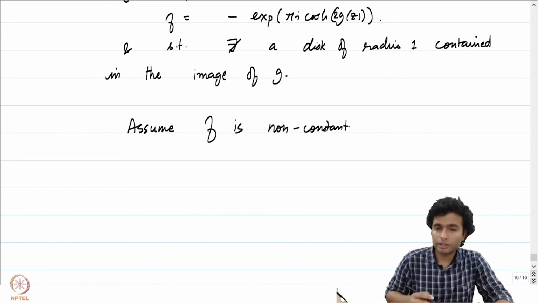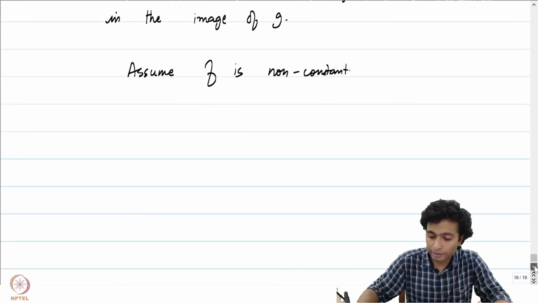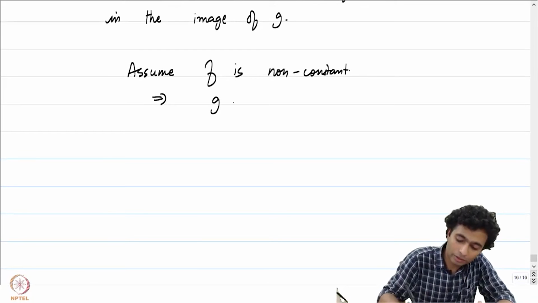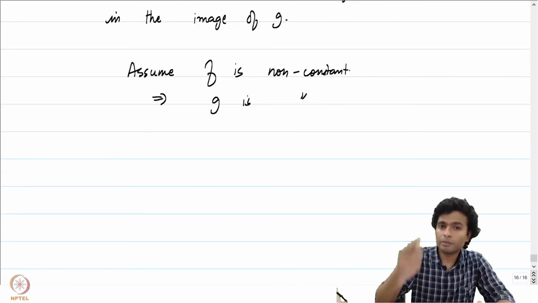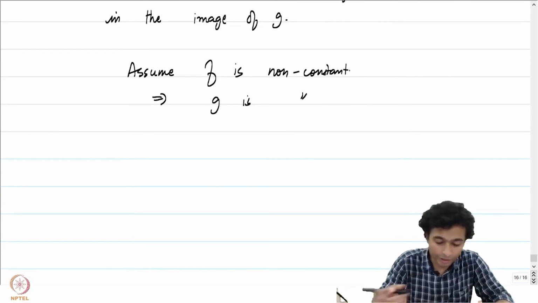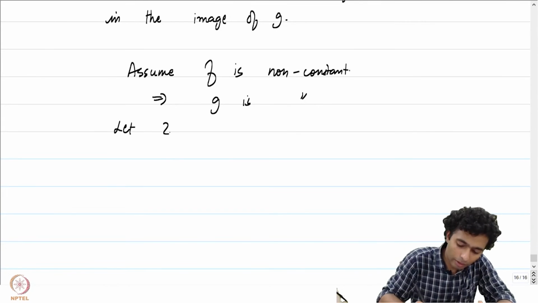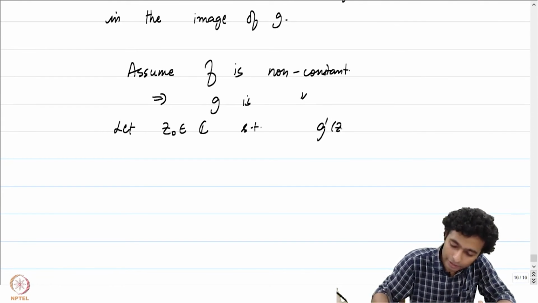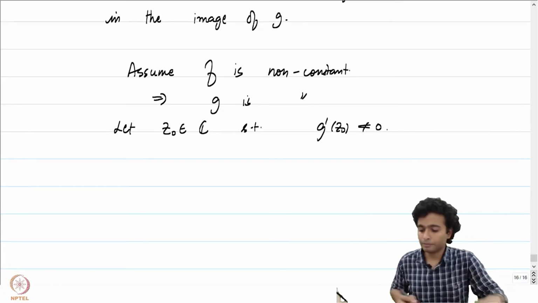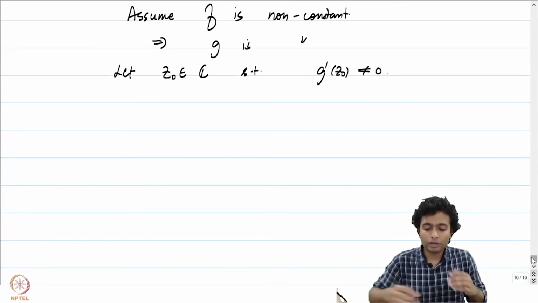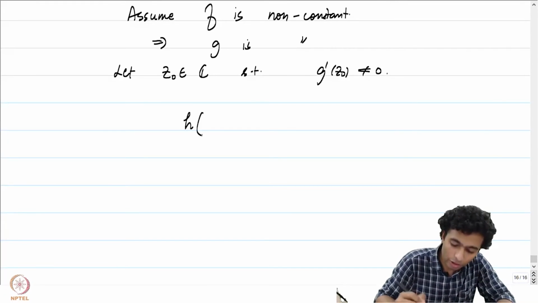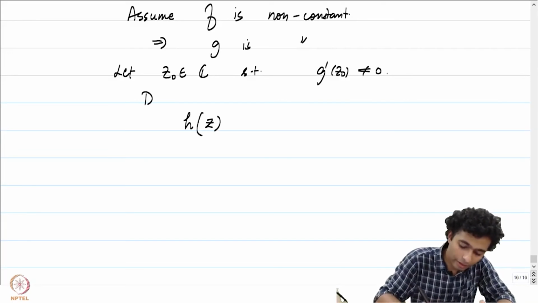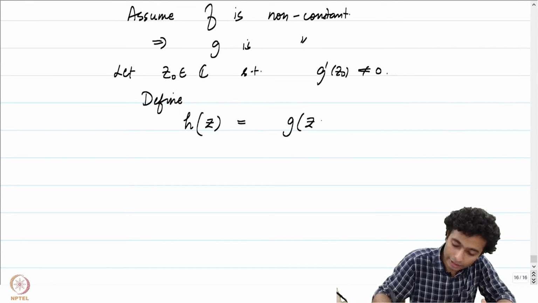If f is non-constant, in particular g is also non-constant, and because g is non-constant, there exists some point z0 where its derivative does not vanish. So, let z0 be a point in C such that g prime of z0 is not equal to 0. And we will now consider a function h of z, defined as g of (z plus z0) minus g of z0.